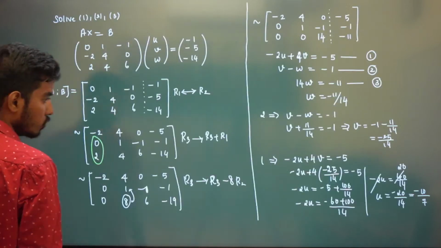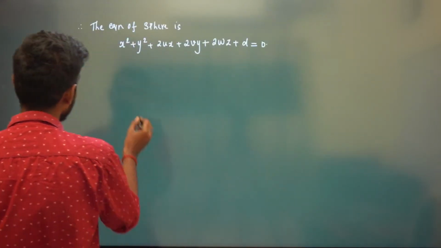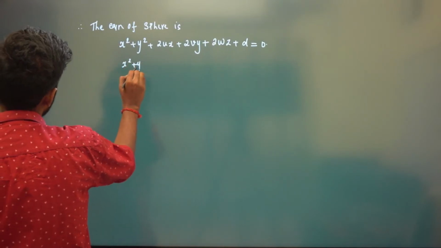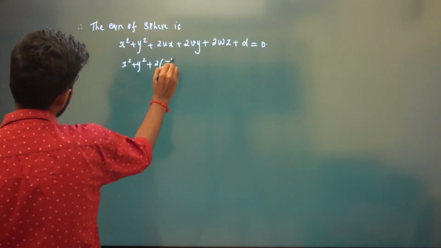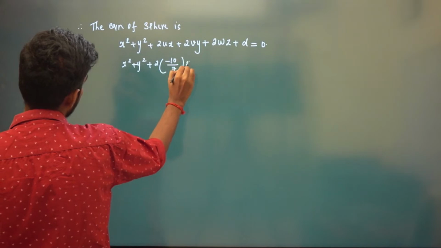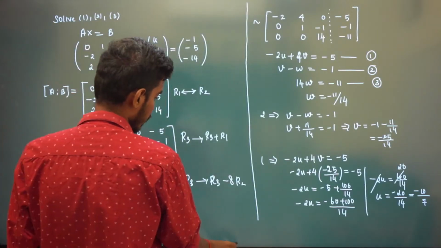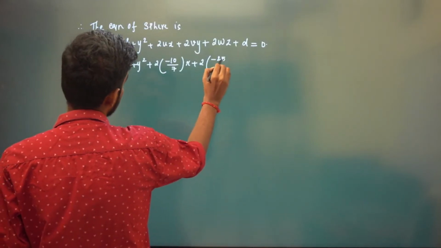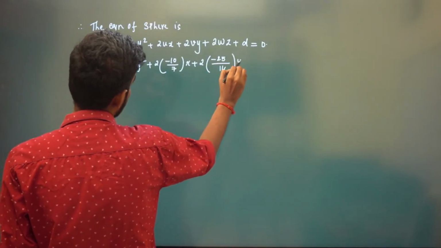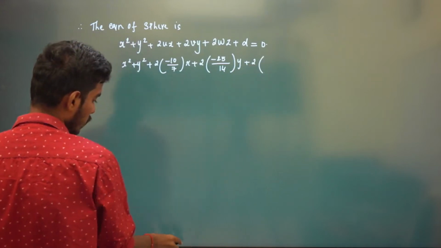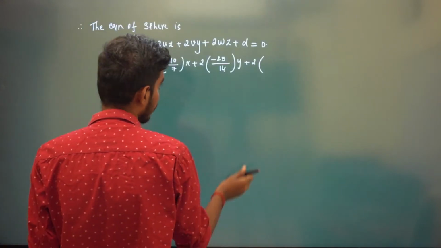So what is u? U is minus 10 by 7, 2v. So v is minus 25 by 14, plus 2 times w. W is minus 11 by 14.